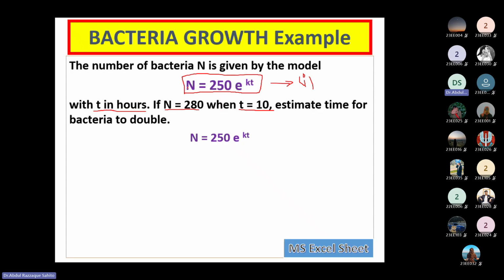If we look at equation number 1, we have three unknowns: N, K and T. Here K is the growth rate, T is the time, and N is the number of population.